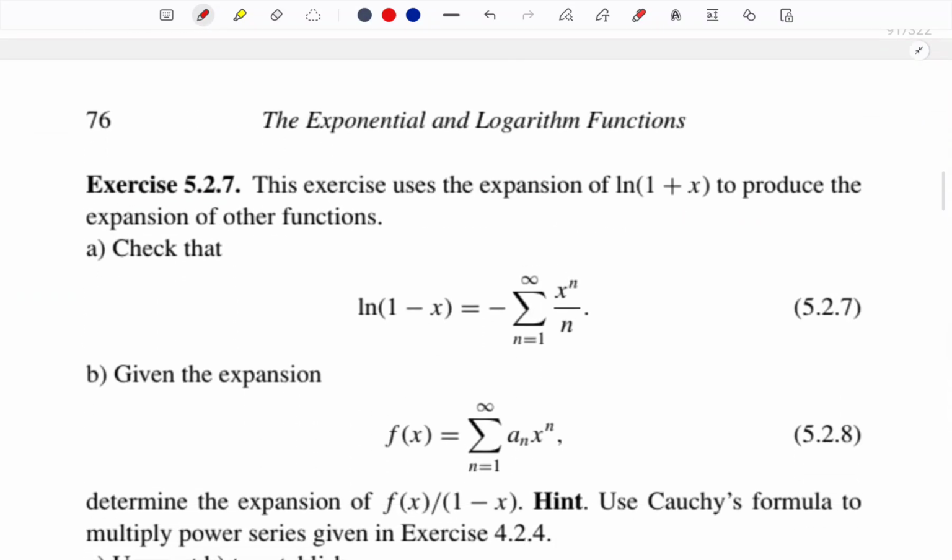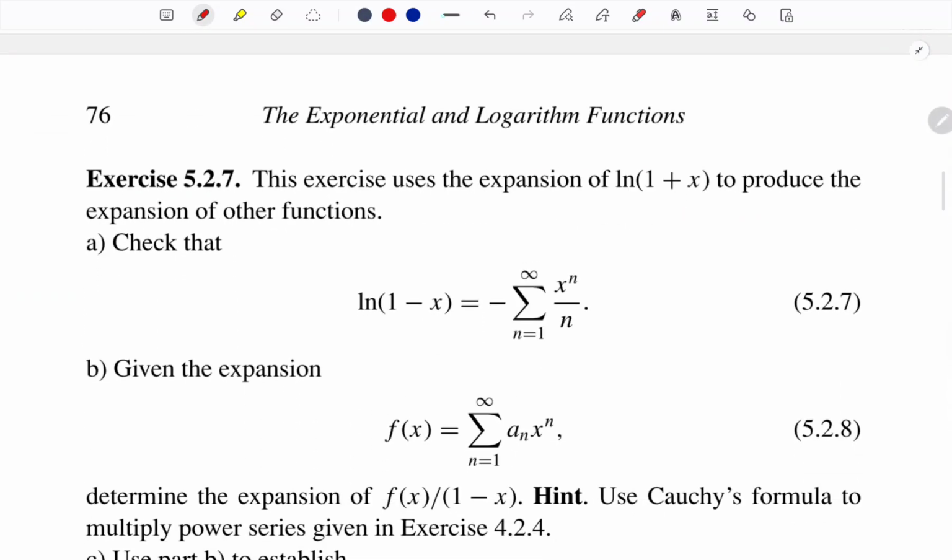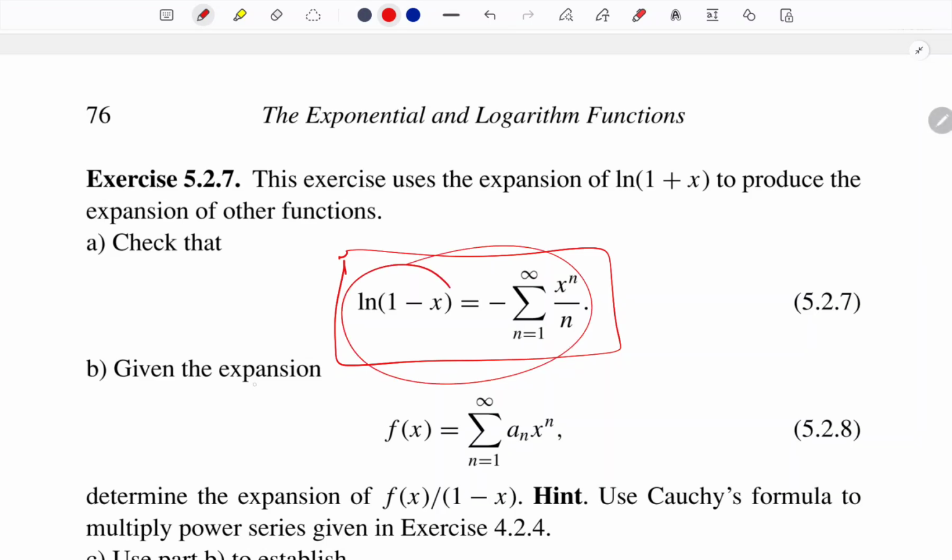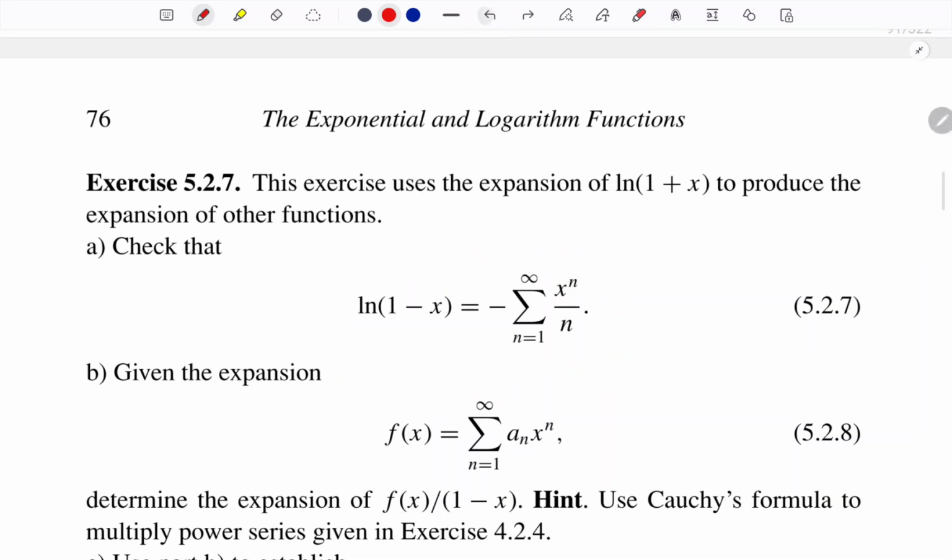Let's move further. There is again an infinite series, of ln of 1 minus x. And look, you can prove something better for yourself from this formula. How so? Don't worry. Let's plug in x as 1.